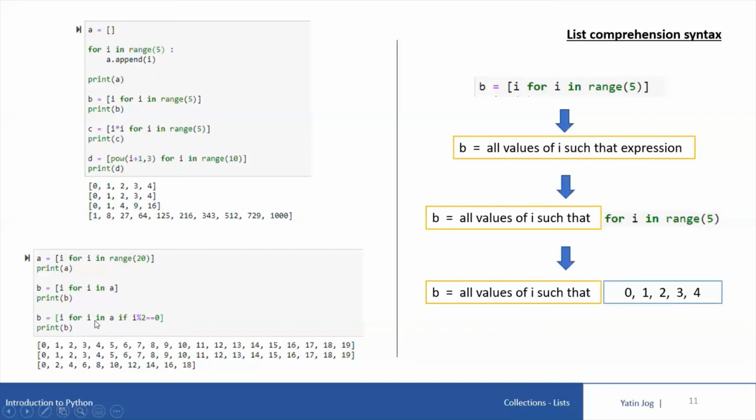It will first execute this for loop and take all the values of I. It will apply the if condition on each value of I, and for whichever values of I this condition is true, only those values will be considered for assignment into B. So if I now say print B, it is printing only the even numbers which are present in A. You can use this comprehension syntax for more and more complex code to make it easy. But this is the way to use the comprehension syntax.